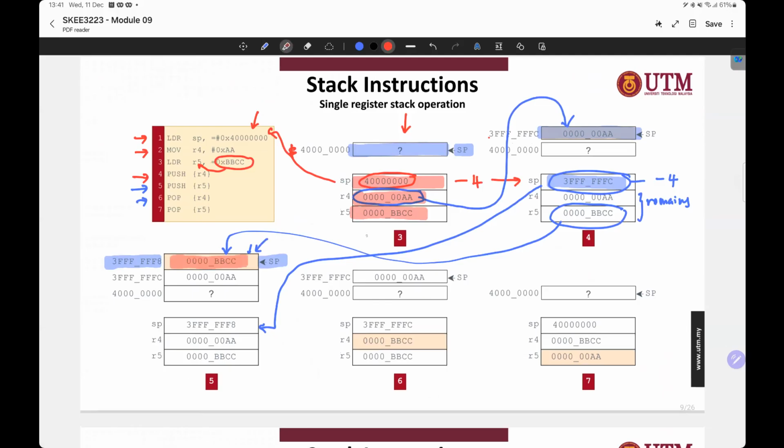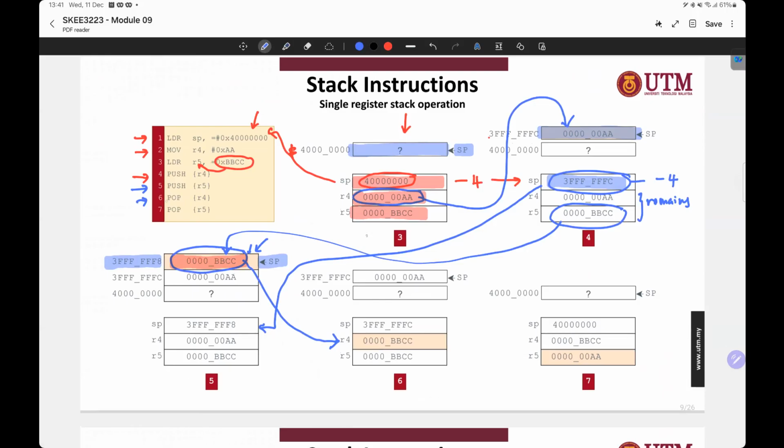This is the last data stored in your stack memory, so it becomes the first data coming out from your stack memory. That's why every time you use a pop, this data here, the data BBCC, will be sent to your R4 after you execute the POP R4 instruction.